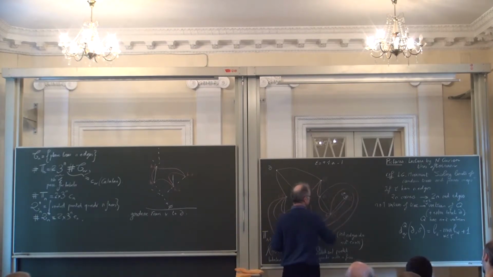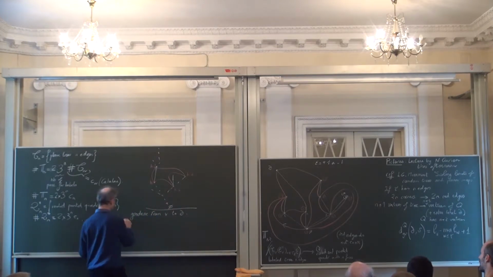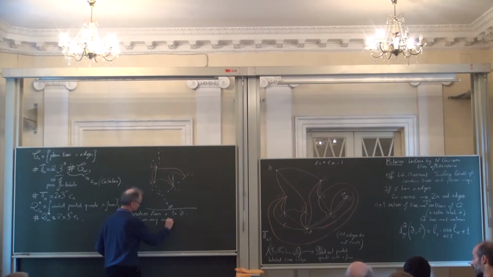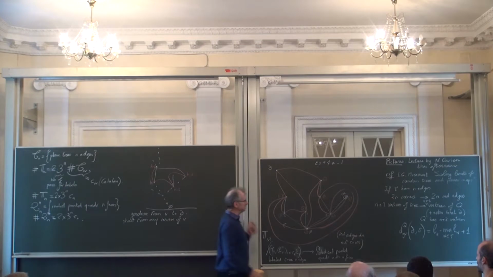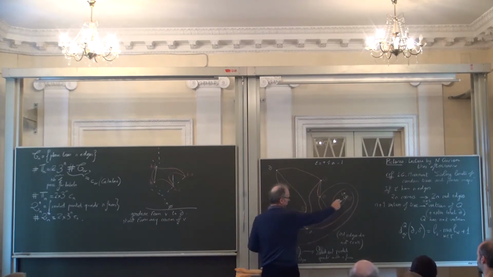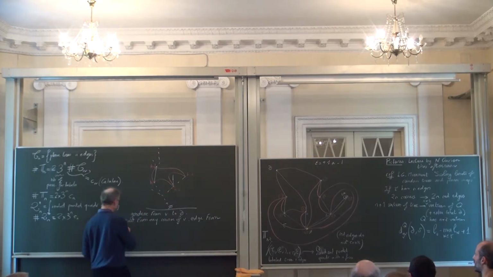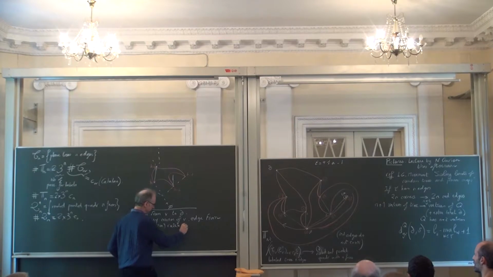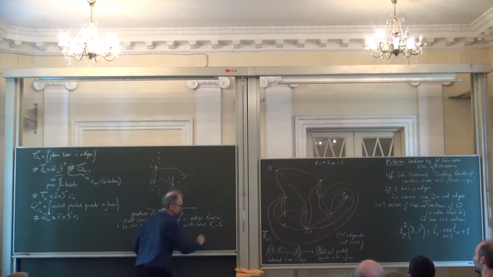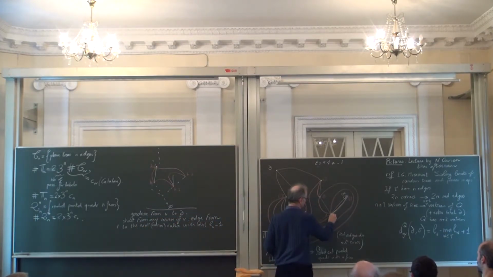You start from any corner of V. In my example there is just one corner here, so not much choice. But you know that there is an edge from V to the next corner, or vertex if you prefer, with label LV minus 1. So it's this edge here.